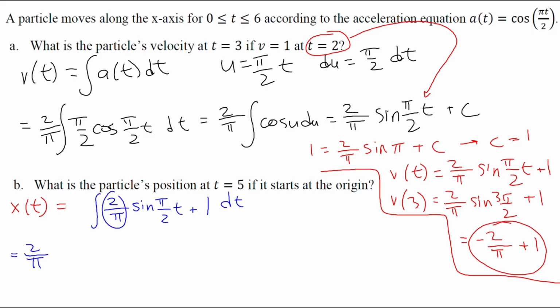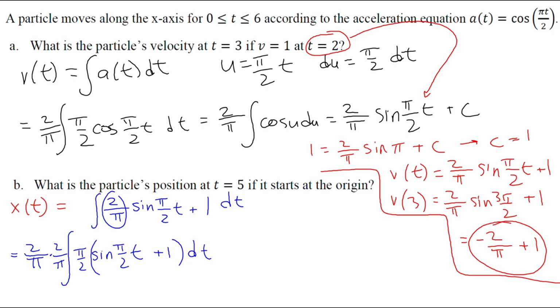We can bring this to the outside. And then if u is going to be pi over 2, then we're going to need to put another 2 over pi out here to cancel out with the pi over 2 that we're putting on the inside to go with the sine of the pi over 2t plus 1, multiplying that by pi over 2, and then dt.